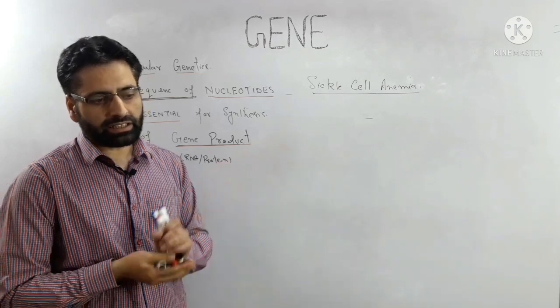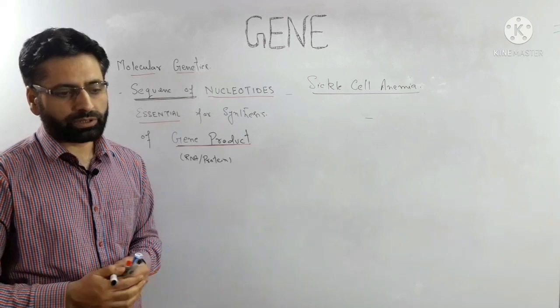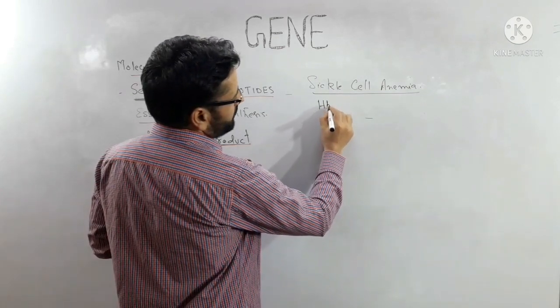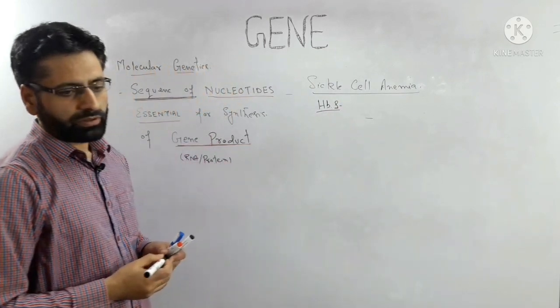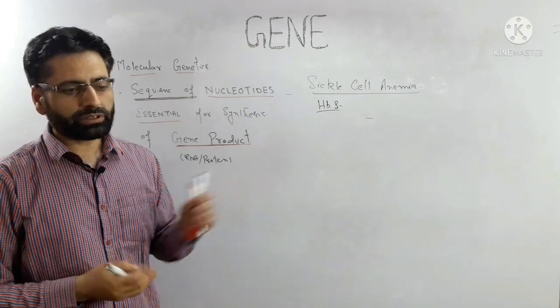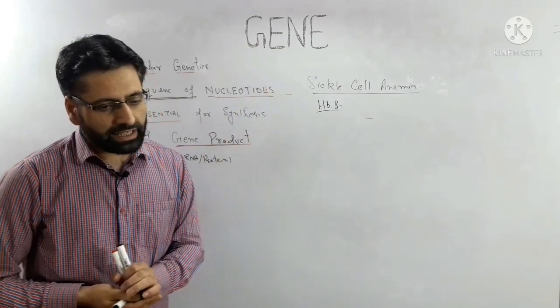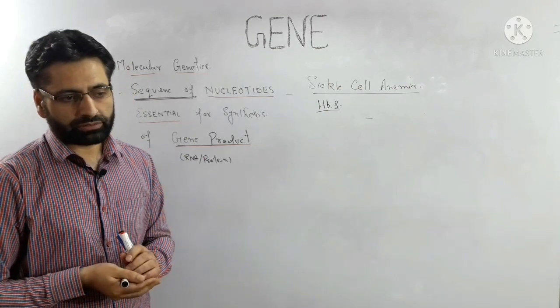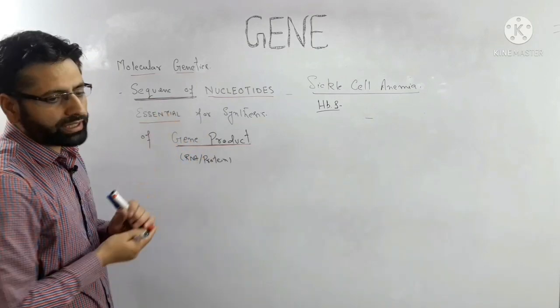In sickle cell anemia, we have abnormal hemoglobin, and we denote that abnormal hemoglobin by HbS, to differentiate it from the normal hemoglobin. And this sickle cell anemia is a result of a point mutation. I am just trying to explain how important this sequence is.